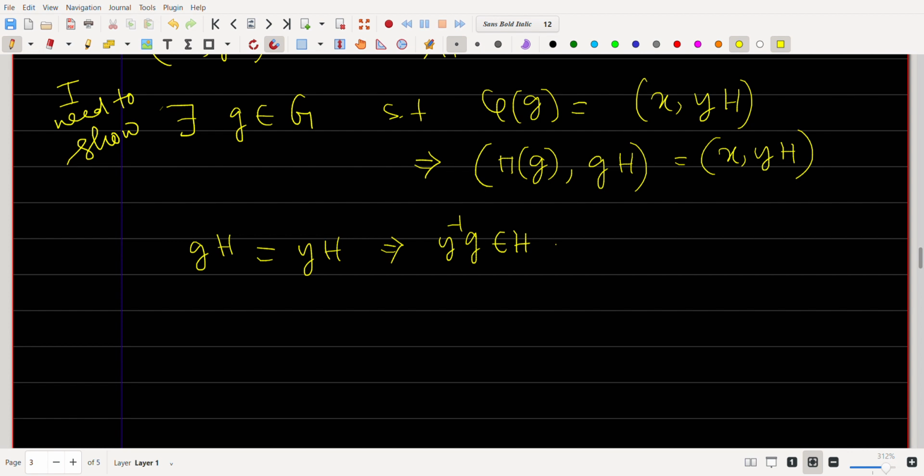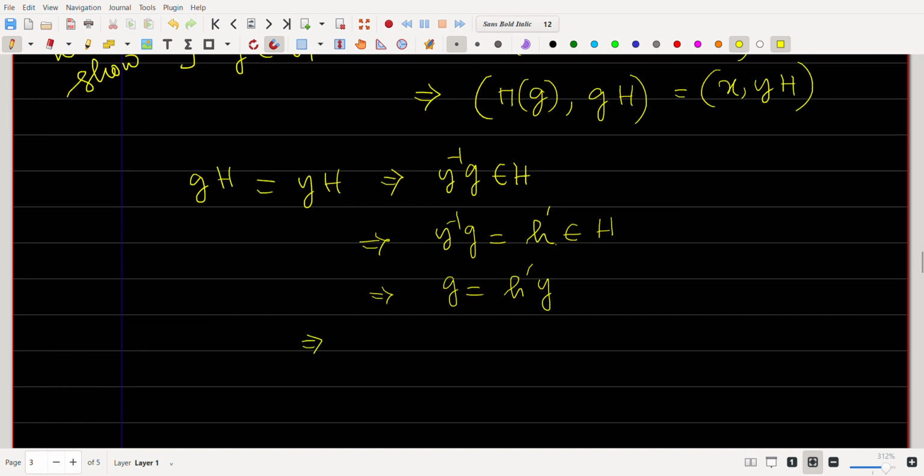right? So that means gH equal to yH, that means y inverse g belongs to capital H. That will imply y inverse g equal to small h prime, which belongs to capital H. So that means g equal to y h prime. So if I apply pi, pi is a homomorphism, so it will give pi of h prime dot pi of y. Now pi fixes every element of H, so that means it is h prime dot pi of y.